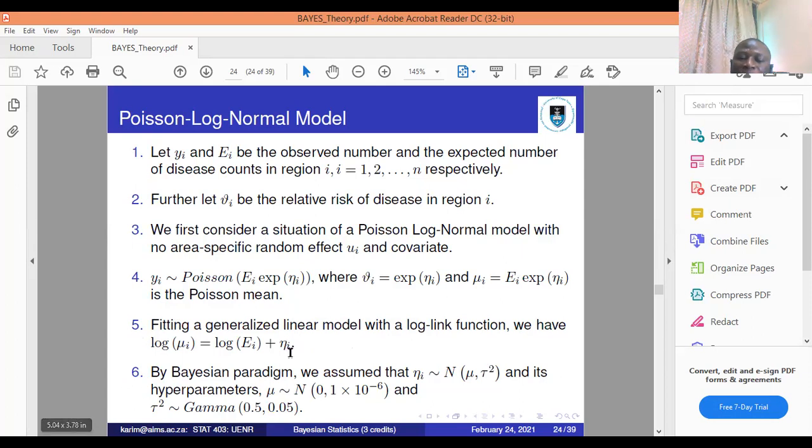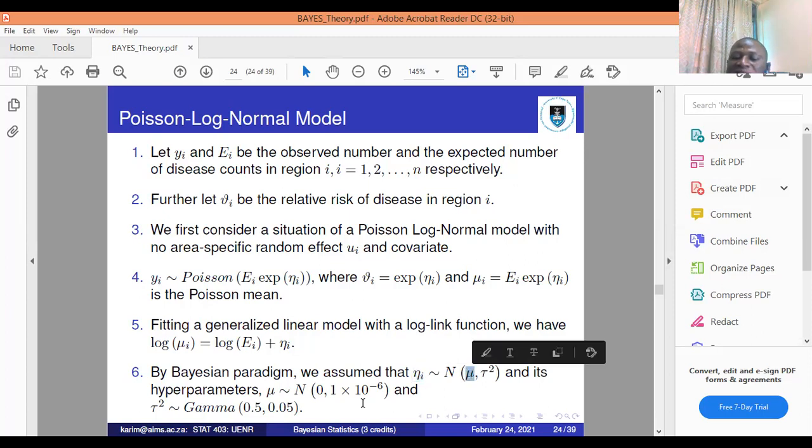By the Bayesian framework or paradigm, we assume that the eta has a normal distribution with a mean and precision tau squared. Remember, we always have parameters, and these parameters have distributions.